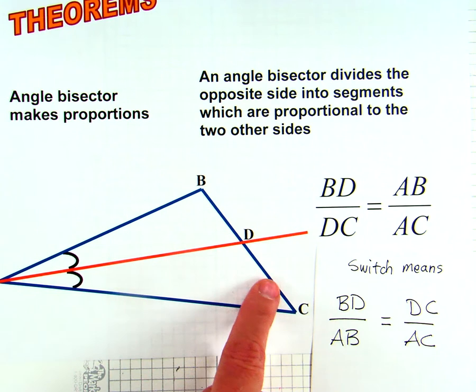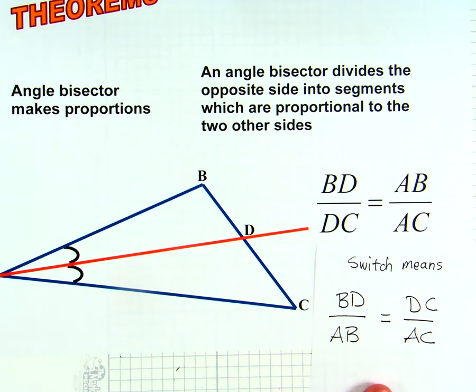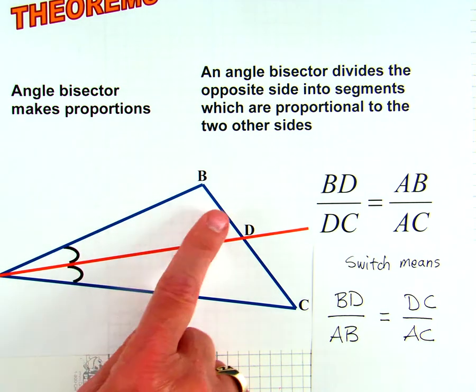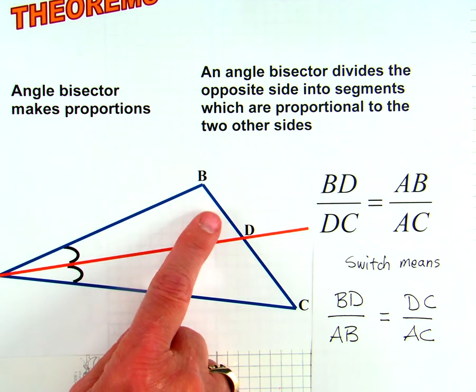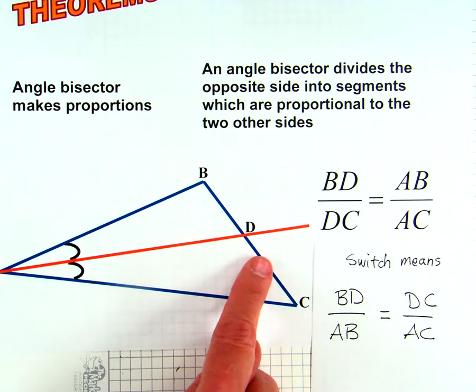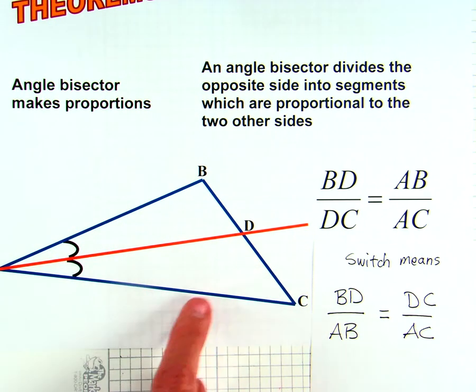When we switch the means, we get piece is to top as other piece is to other side, the bottom. Piece is to top as piece is to bottom.